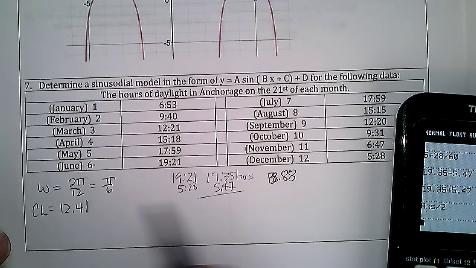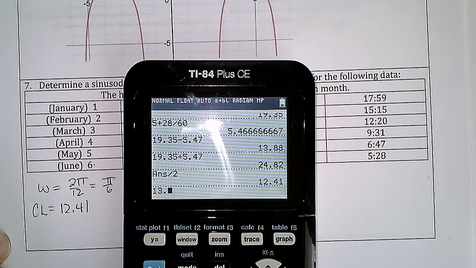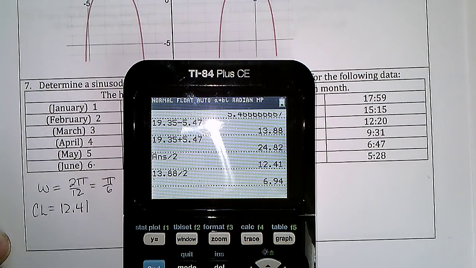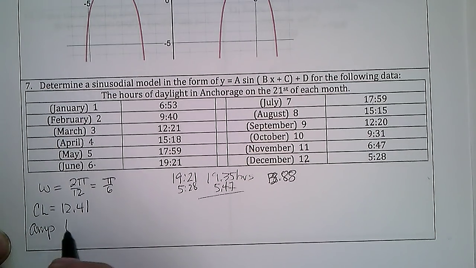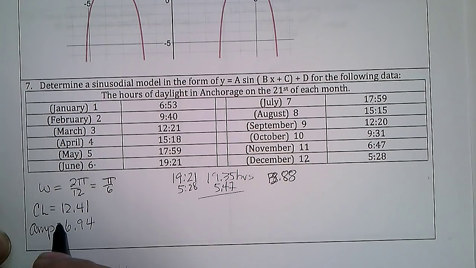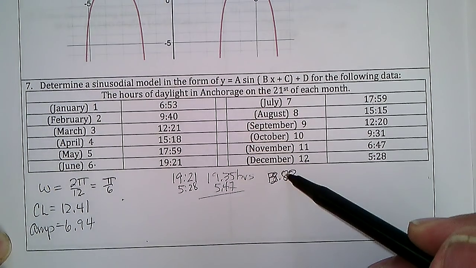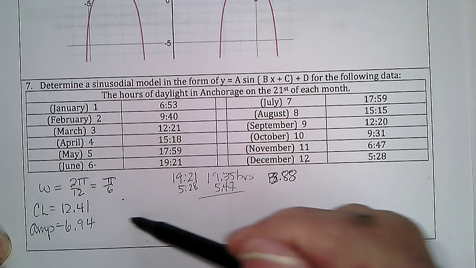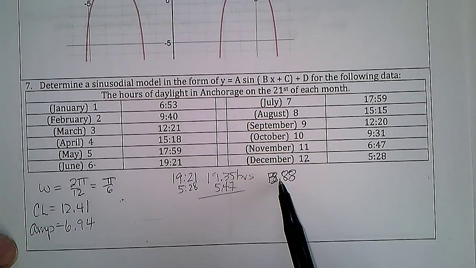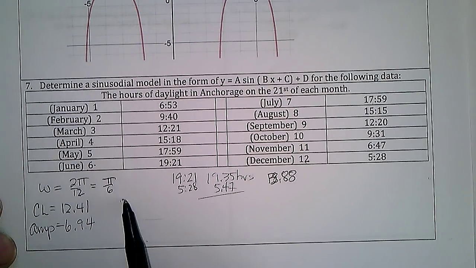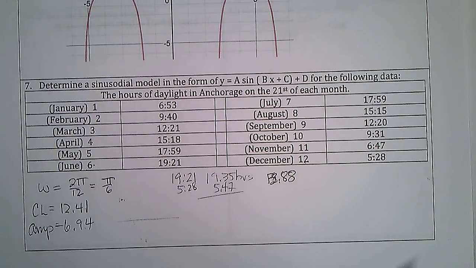And the amplitude is half of the 13.88, a 6.94, because from the top to the bottom, that difference is 13.88. So the amplitude is from the center line to the top or to the bottom. So it's half of the 13.88. And the center line's halfway between that max and min, so that's why I took the average.